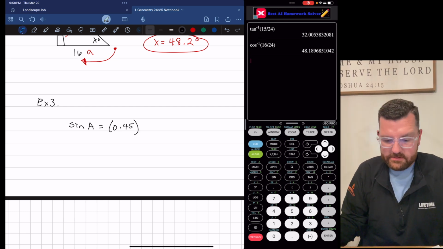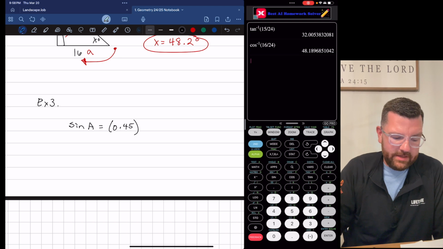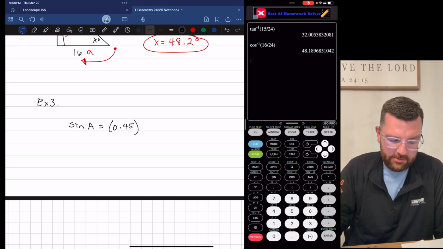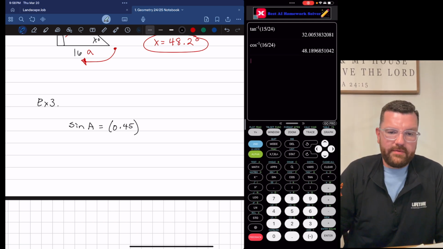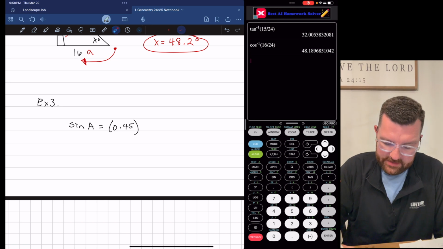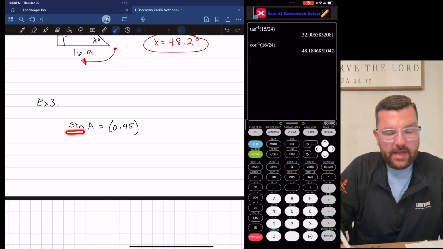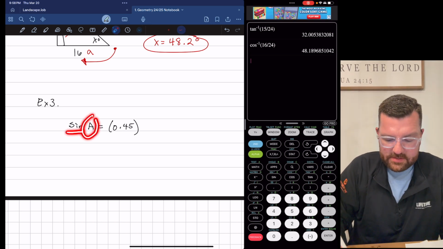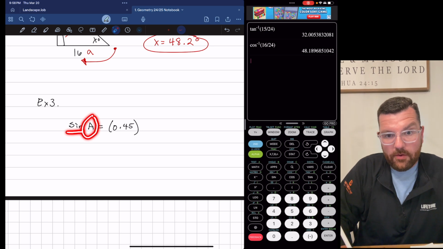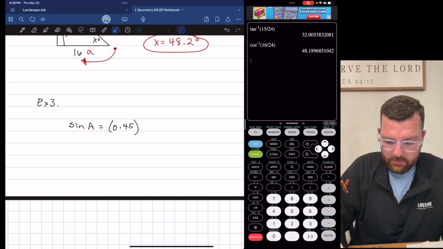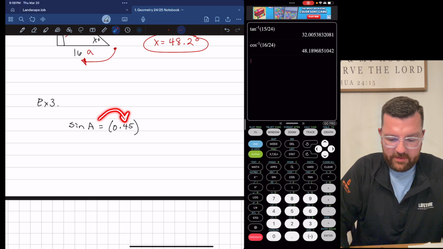Doesn't matter what that number is. This is all they give you. Sine of A equals 0.45. What that is saying is the sine ratio of A, the angle, whatever the angle is, will equal 0.45.